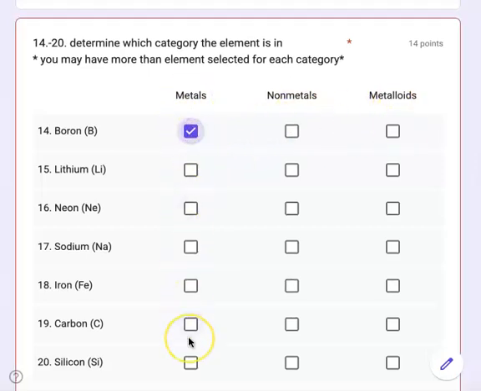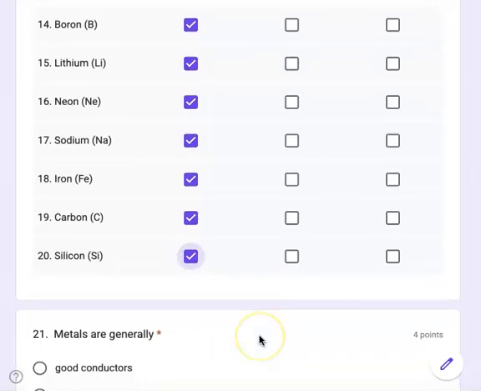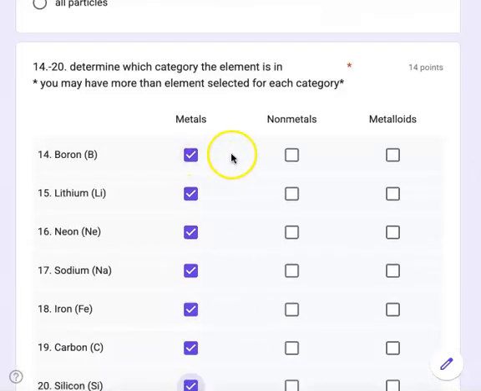I'm going to select metal for all of them. Lithium, Li. Neon, Ne. Sodium, Na. Iron, Fe. Carbon, C. Silicon, Si. So you will have one of them selected per row.